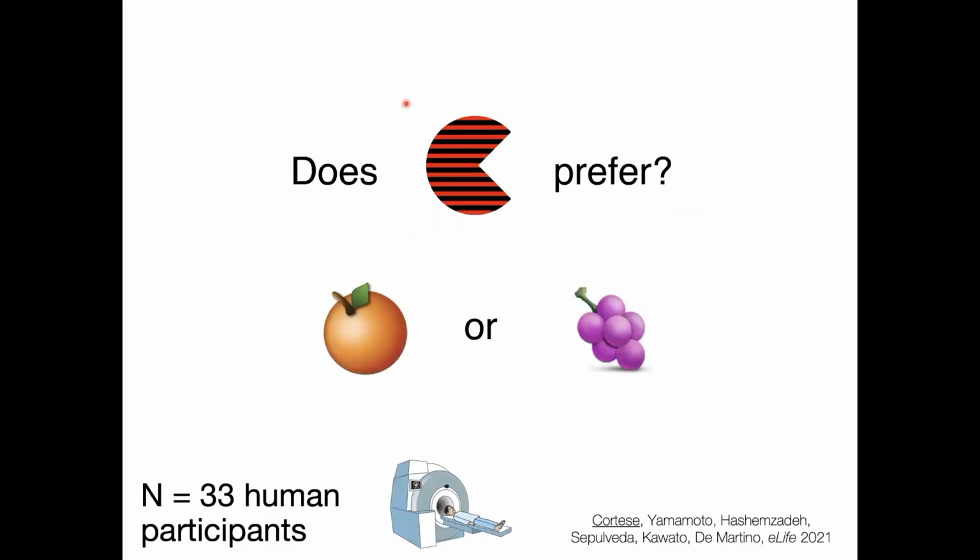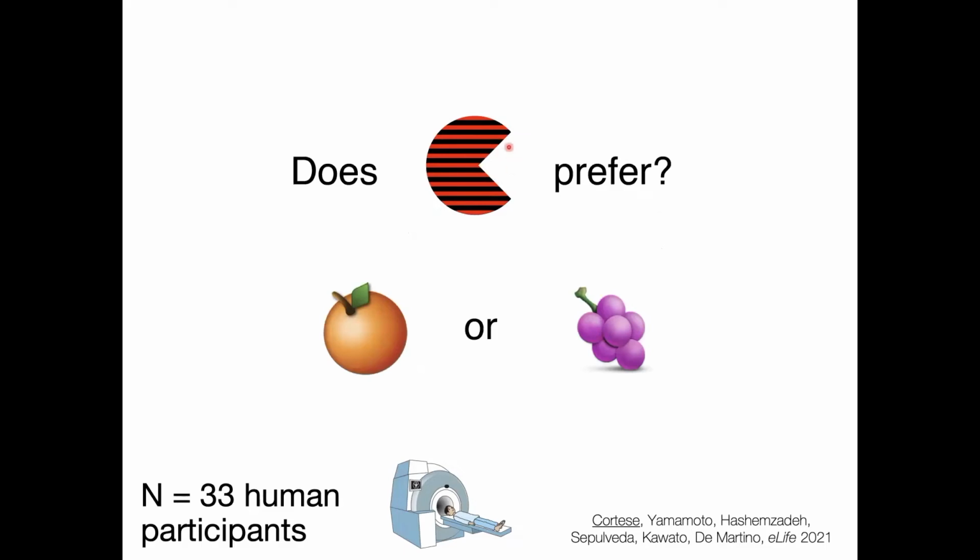In this different task, which you may think compared to the previous one is much simpler in a way, we presented participants with visual stimuli that look like this Pac-Man. As you can see, they are made of 3 visual features: color, stripe orientation, and the side of the mouth.